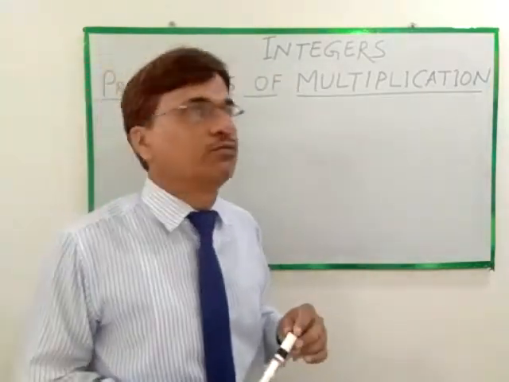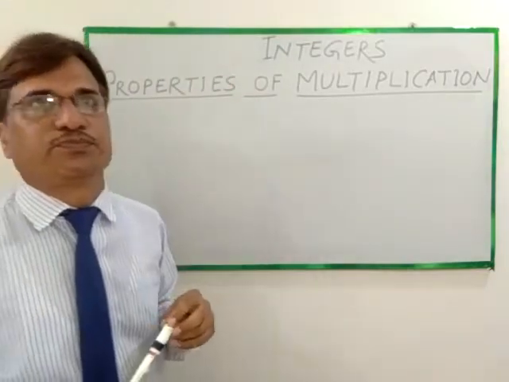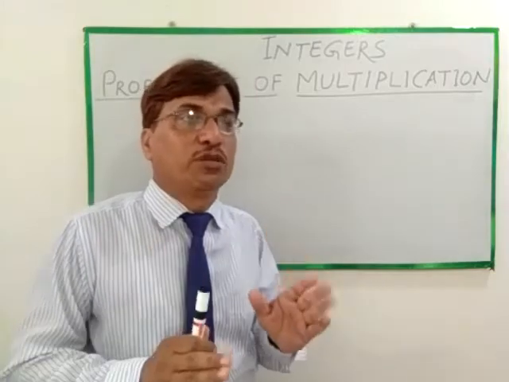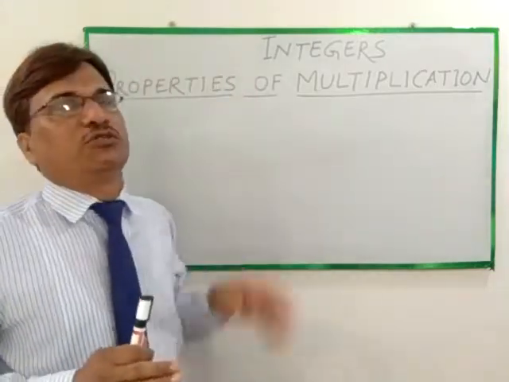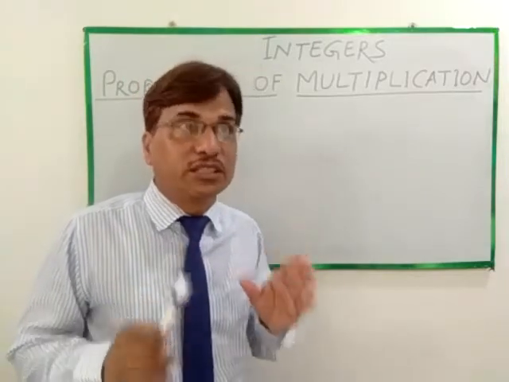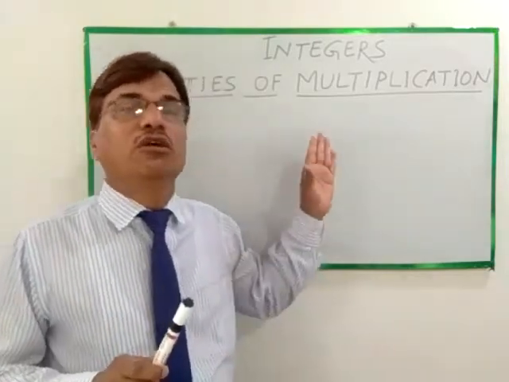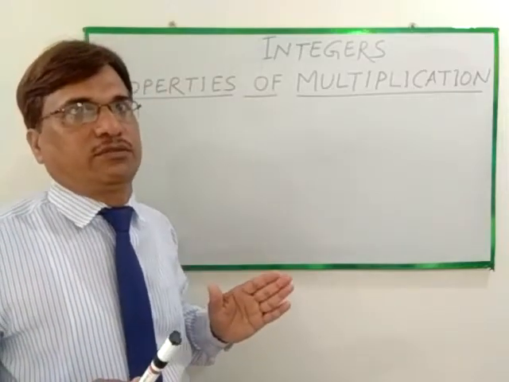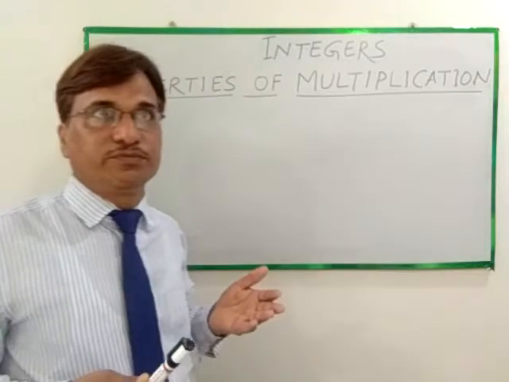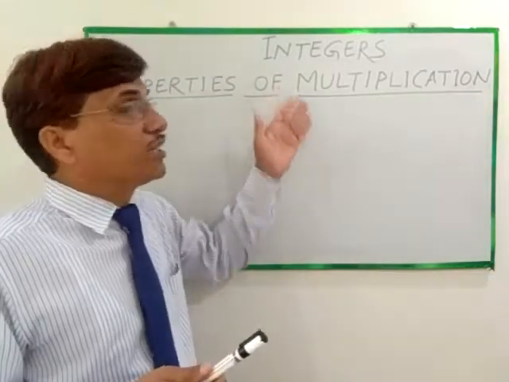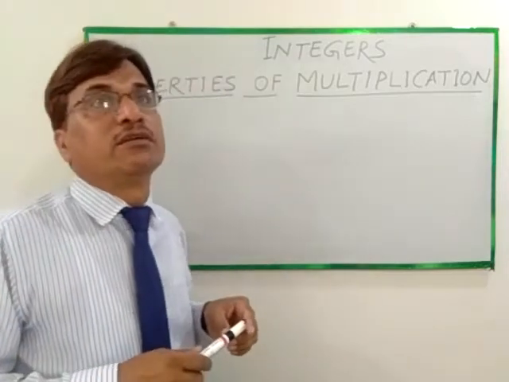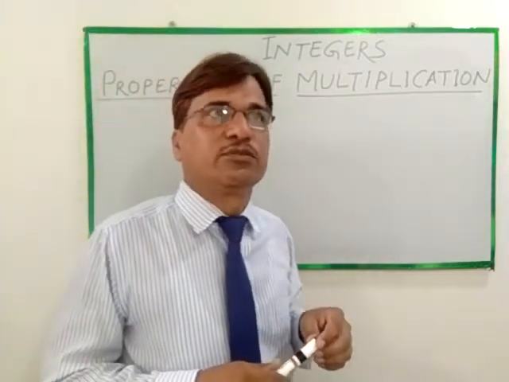Now integers: all negative numbers, positive numbers and 0 are called integers. We can represent integers on a number line. Then we have learned the rules of integers, how to add and multiply integers.